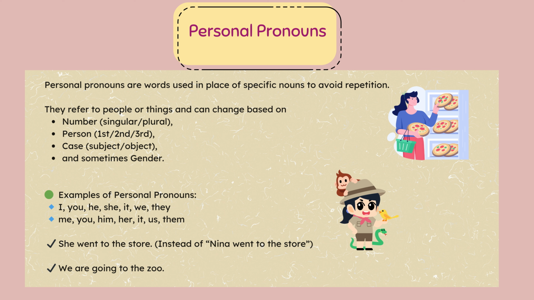Case, subject or object, and sometimes even gender. Examples: instead of saying Nina went to the store, we can say she went to the store. Or instead of saying me and my friends are going to the zoo, we just say we are going to the zoo. Personal pronouns help keep our sentences short, smooth, and natural.